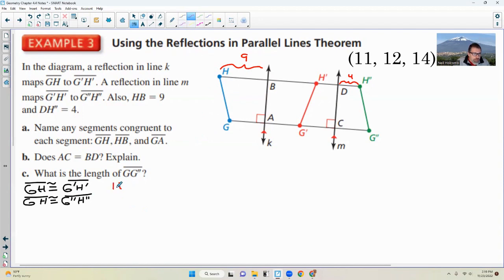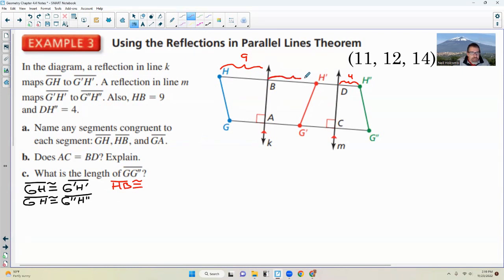Now I want to know what's congruent to HB. So HB is a length of 9. Now remember, we reflected H over line K, which B is on. So the distance the pre-image is from the line of reflection, the image is going to be the same distance away.